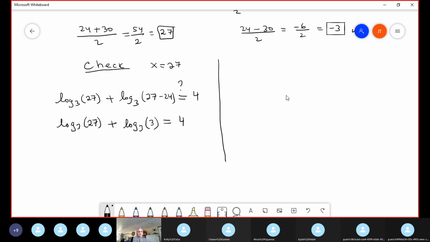How do we prove that? Well, I suppose there are many ways to do that. What is the logarithm base 3 of 27? What is the answer for this one? It's 3.